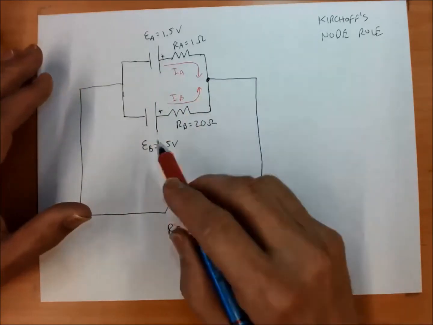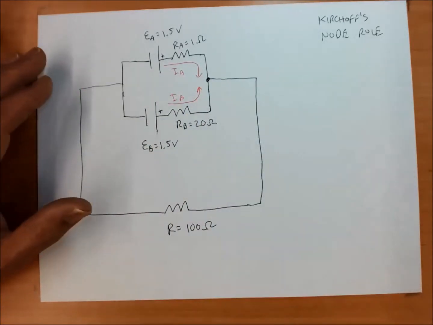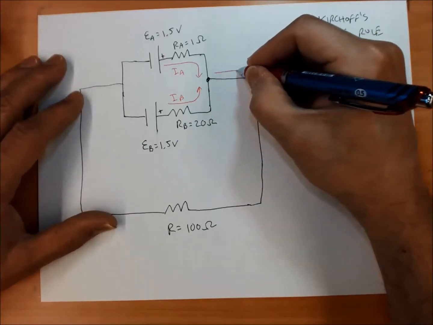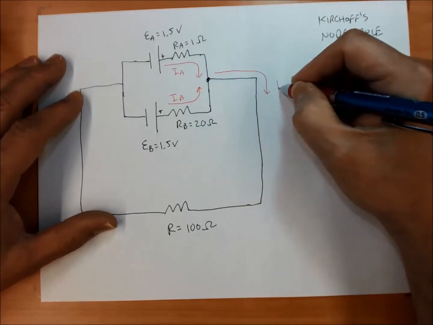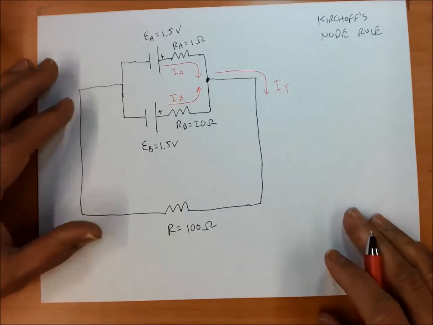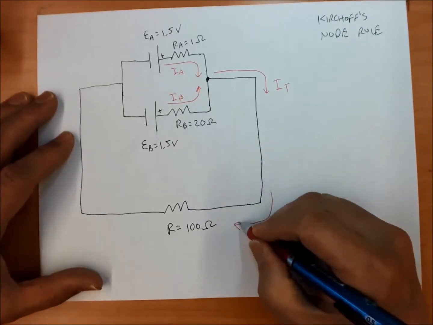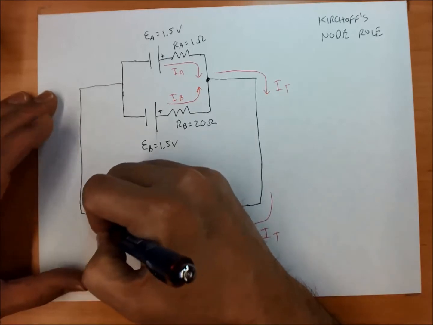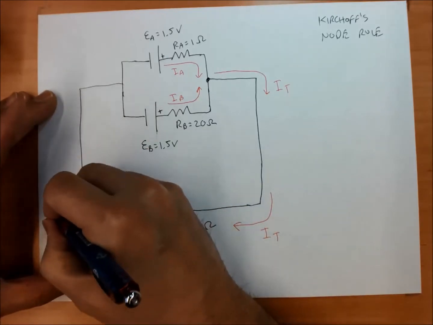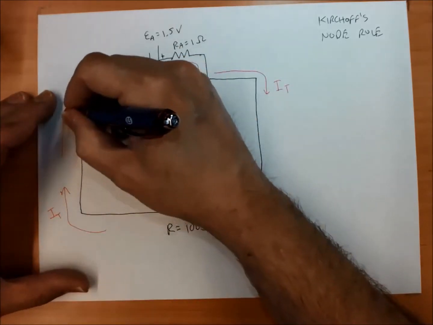Current goes through internal resistance A and internal resistance B. And then these currents merge together and make a total current coming out, which continues around the circuit.